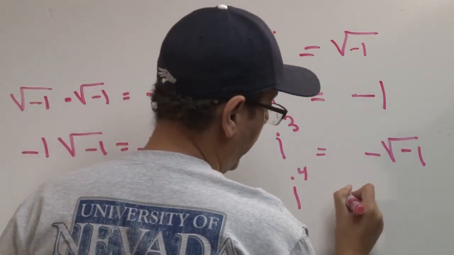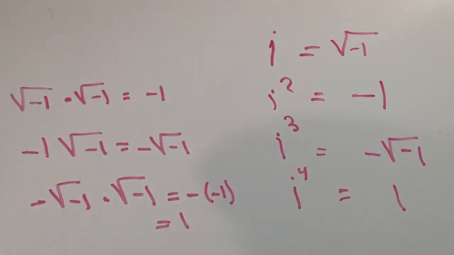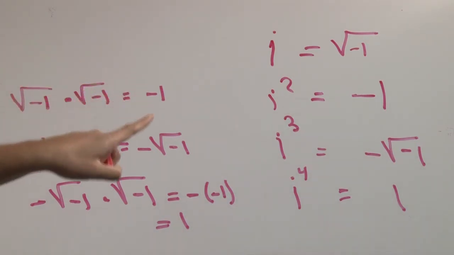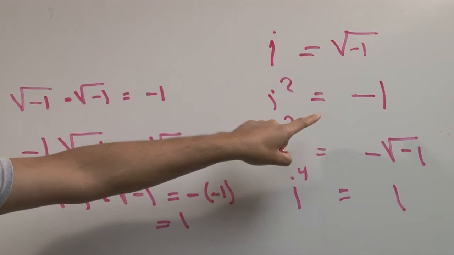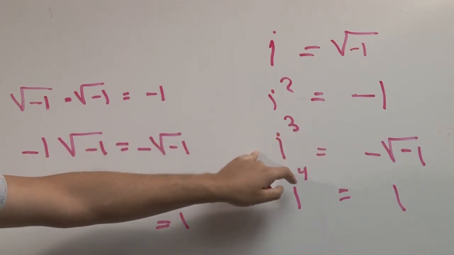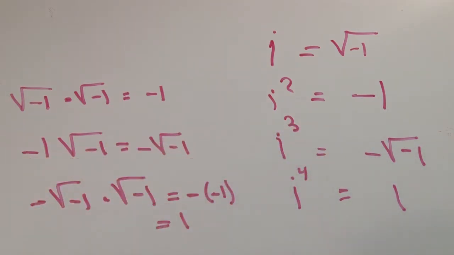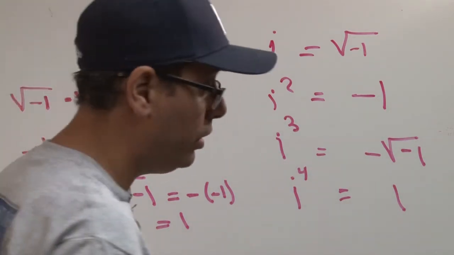So i to the 4 equals 1. So i is the square root of -1, i squared is -1, i cubed is negative square root of -1, and i to the 4 is 1.